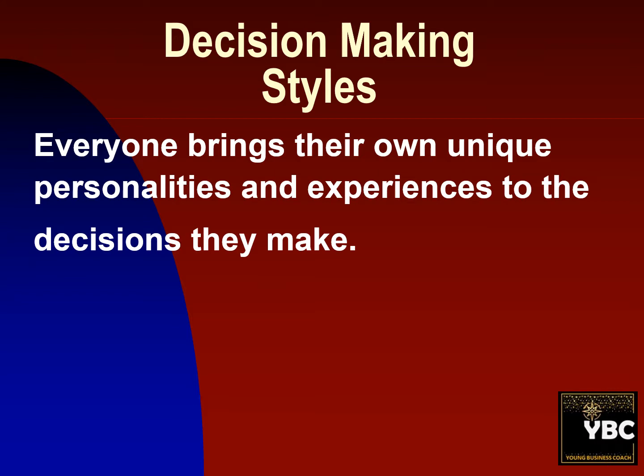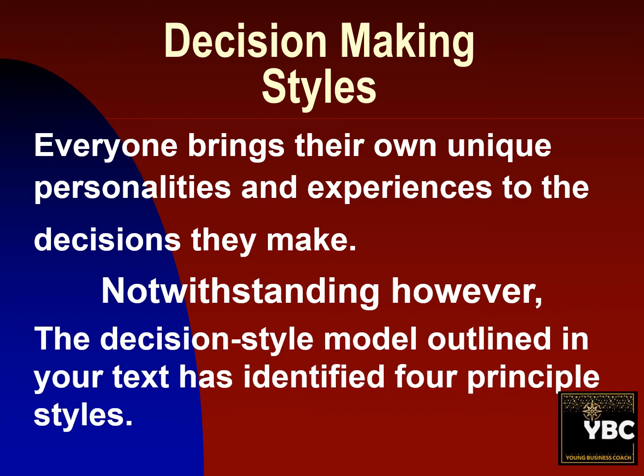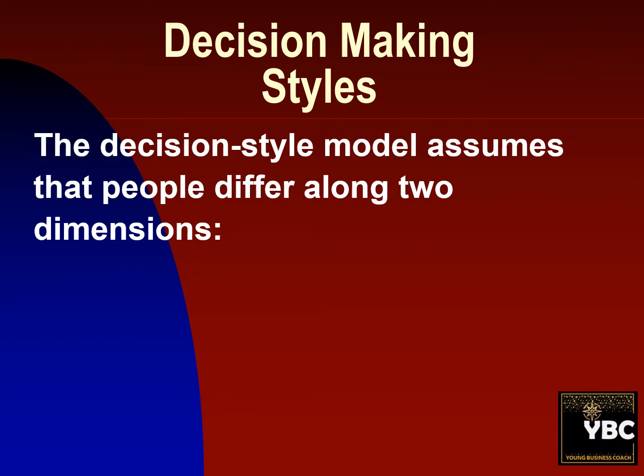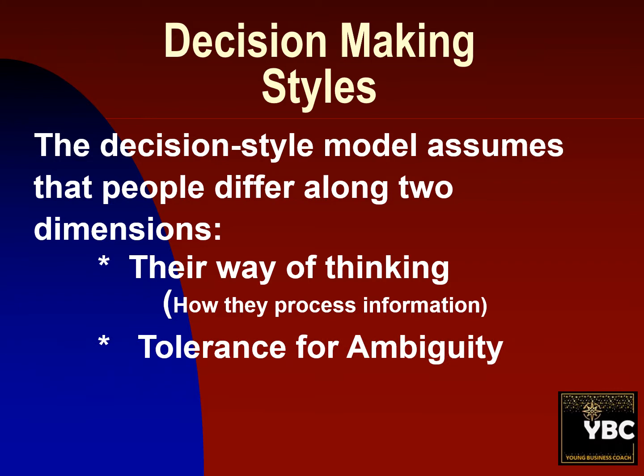Now, decision making styles. Everyone brings their own unique personalities and experiences to the decisions they make. Notwithstanding, however, the decision style model outlined in your text has identified 4 principal styles. The decision style model assumes that people differ along 2 dimensions: their way of thinking, how they process information, and tolerance for ambiguity, how clear does everything have to be.